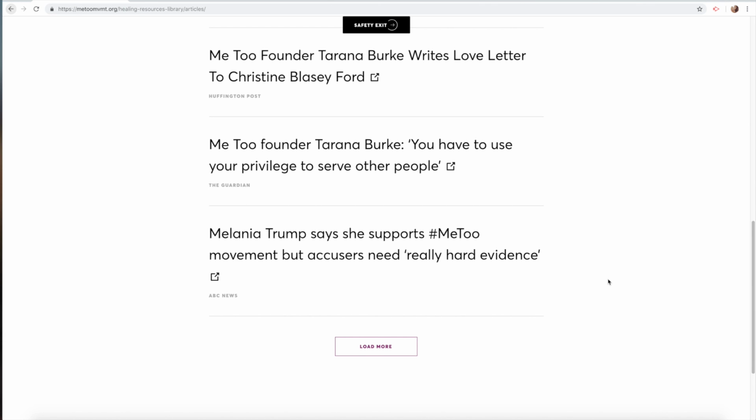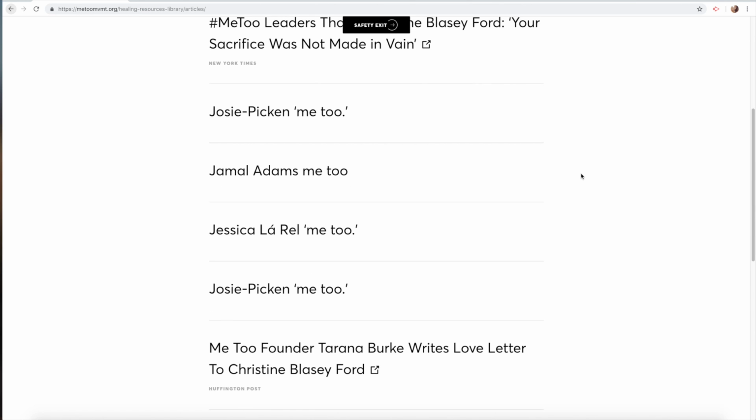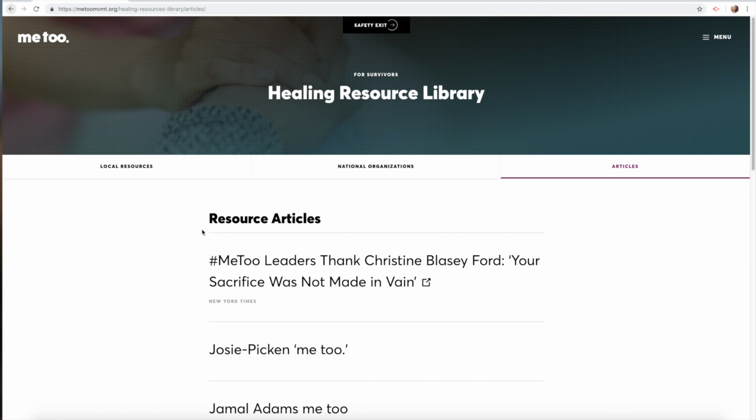And I think this really helps that someone from the Conservative Party, particularly someone whose husband has been very outspoken against the Me Too movement, says that she believes in the movement. So I think that's really interesting and a good way to show experiential learning. So let's move on to the next portion.